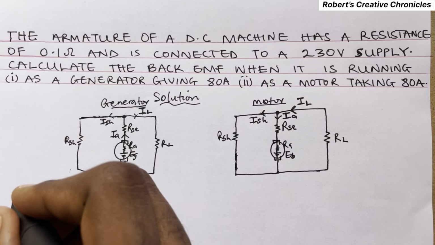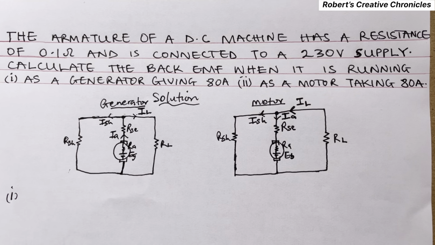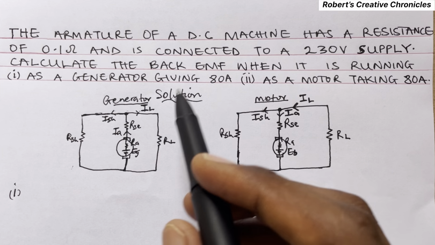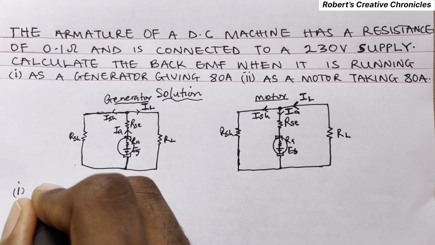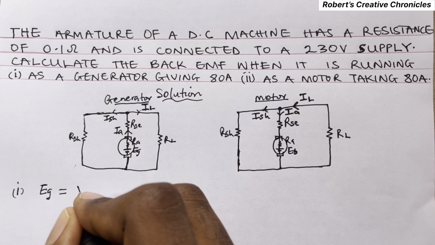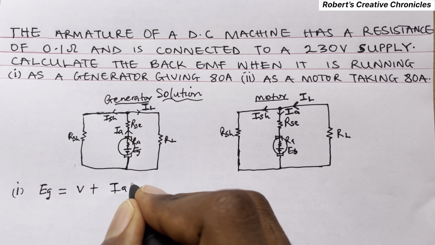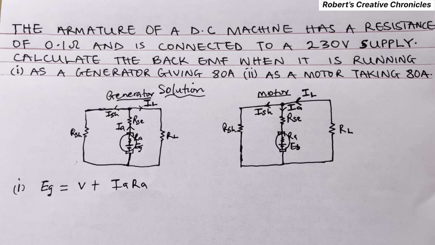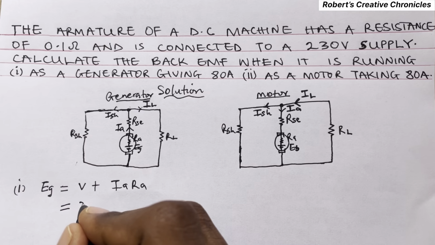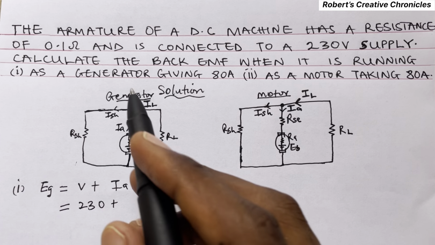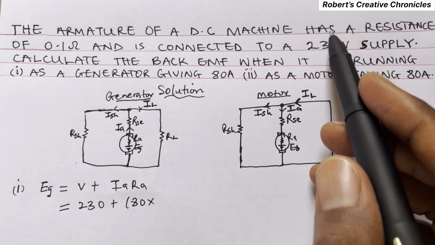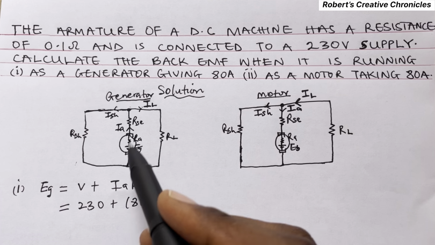So let's start with the first one. We have to calculate this as a generator giving 80 ampere. So the formula we're going to use is EG is equal to V plus IA RA. V is 230 plus IA, which is 80, times RA.